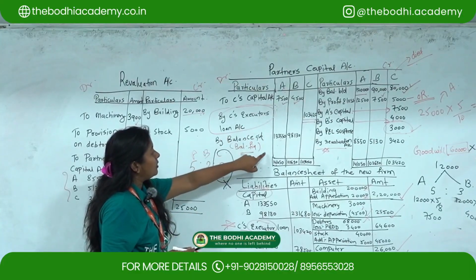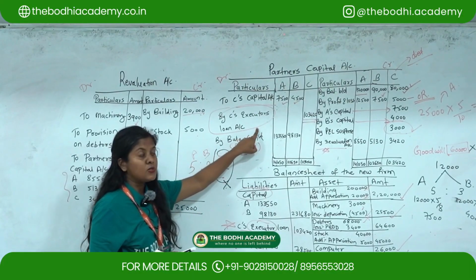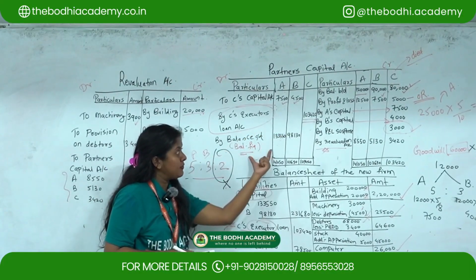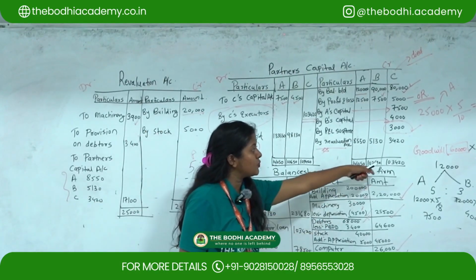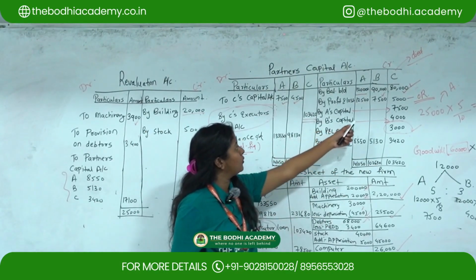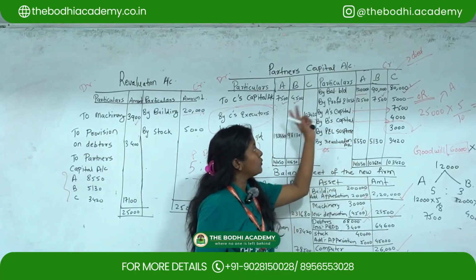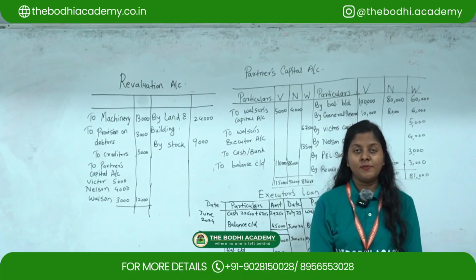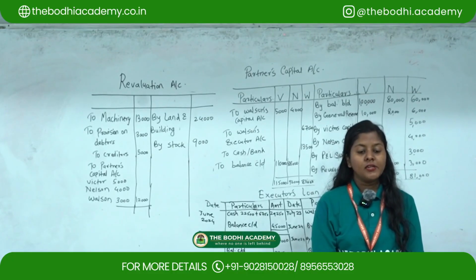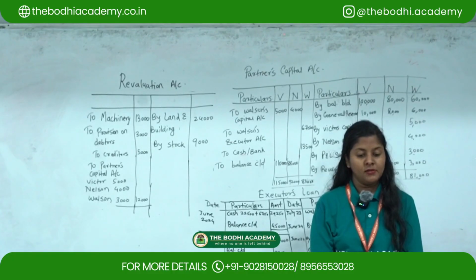Here also you cannot mix the executors loan account with the balancing figure, otherwise it will be wrong. Okay, and also with regards to goodwill calculation, you have to show the goodwill calculation on the two sides, debit and credit.